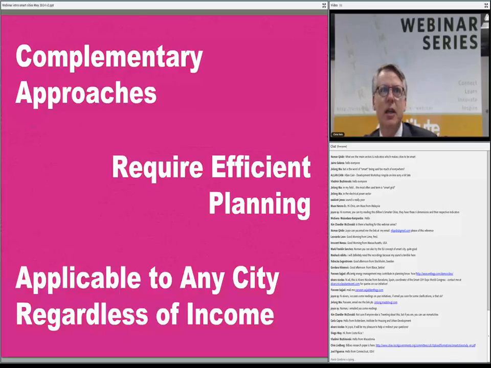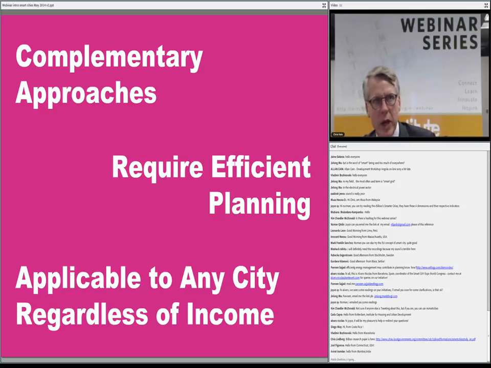So there are a couple of things I want to say about this bottoms-up approach and the top-down approach. Neither one is better than the other. They're simply complementary. One cannot have no top-down government approach at all.